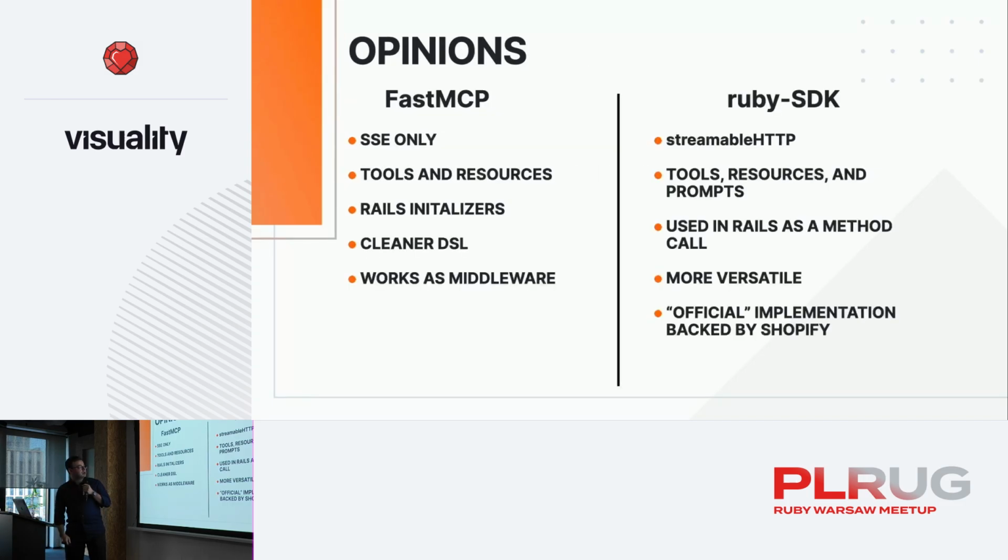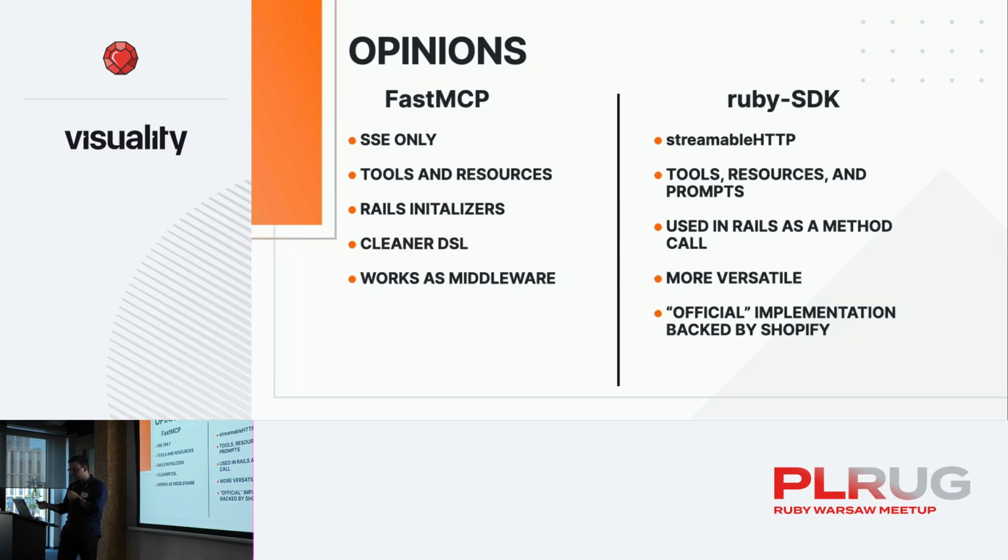Okay, so I prepared a comparison of these two tools that we used. FastMCP uses server-side events only. It hasn't moved to streamable HTTP yet, while Ruby SDK only supports streamable HTTP and STDIO. FastMCP provides support for tools and resources.